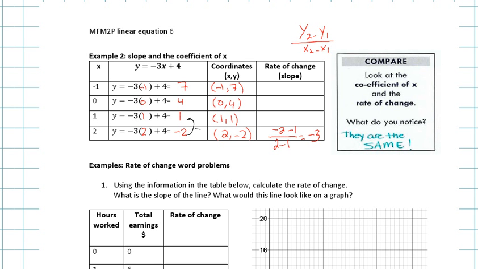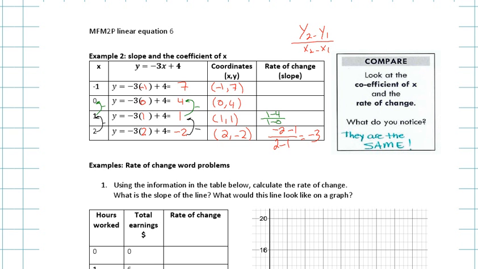Now when I move to this, it's going to be 1 take away 4 over 1 take away 0. So that's negative 3. You're okay with that?